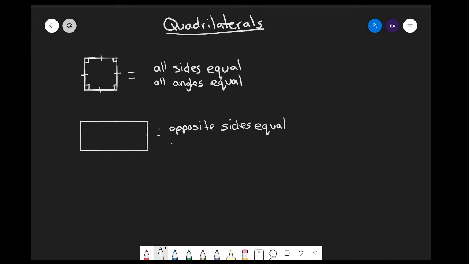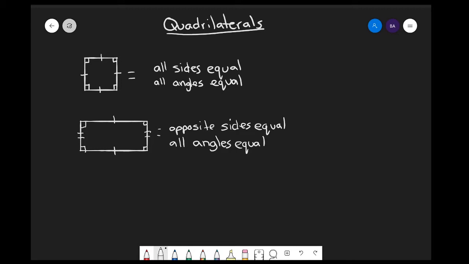And like the square, all the angles are equal. So this side is the same length as this side, and this side is the same length as this side. And all of our angles are the same. Okay.